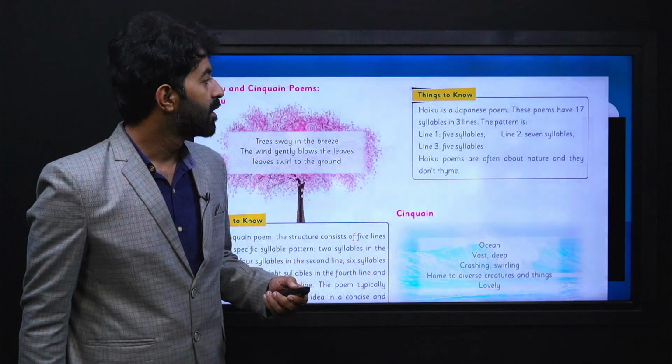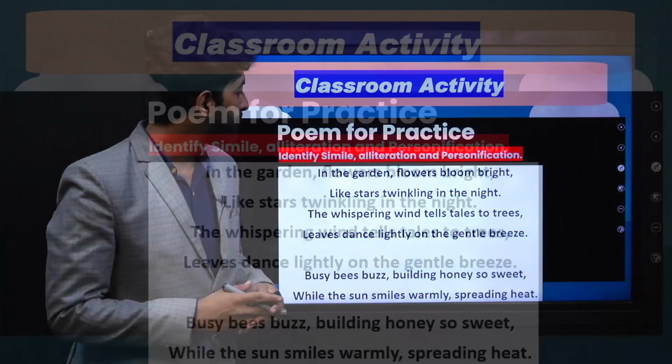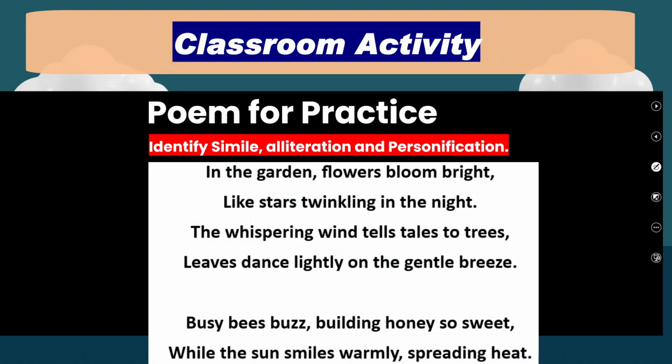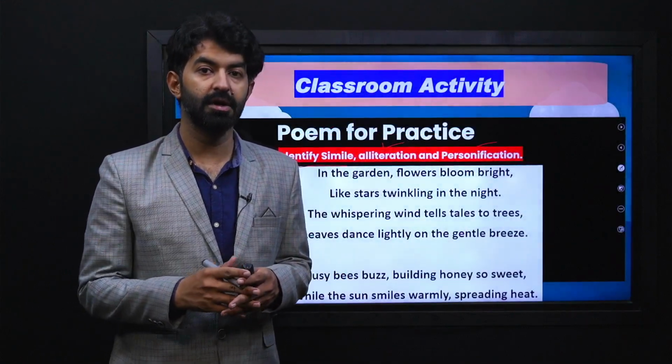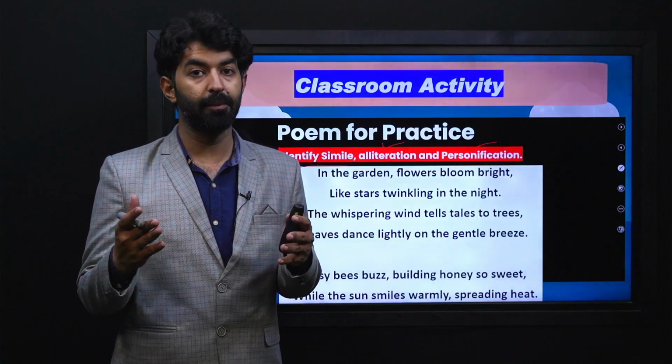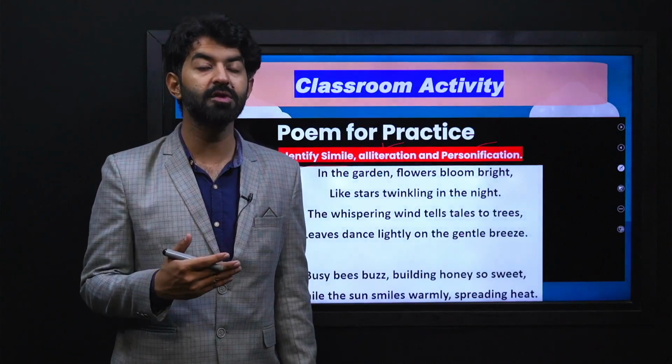Now, let's talk about your classroom activity for today. You have to identify simile, alliteration, and personification in the following poem. Now, identify all these 3 figures of speech that we learned. Simile, when we compare two things with the words like or as.